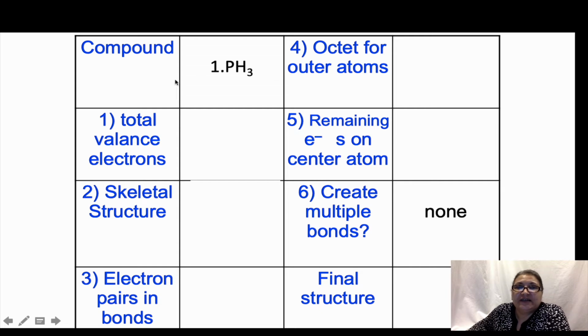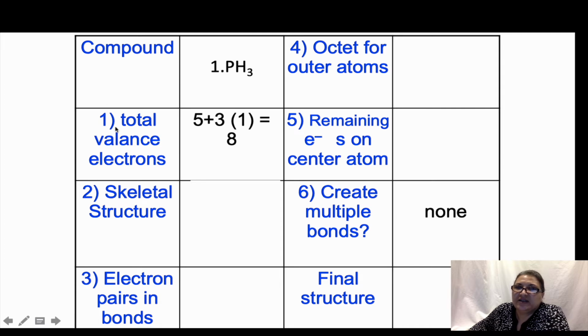Okay, the first example is draw the Lewis structure of PH3. So step number one, we're going to find the total valence electrons. To find the total valence electrons, we're going to look for the columns. Phosphorus is in column 5A.